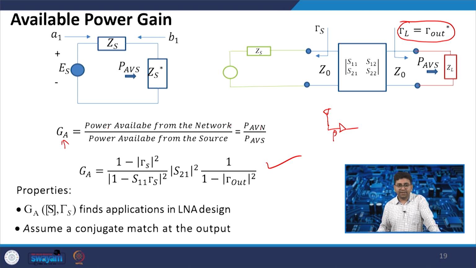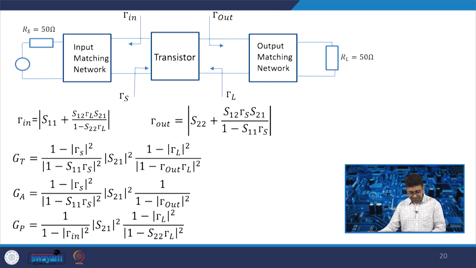GP, as I told, has application in power amplifier design, where the output matching network is important, because we are going to connect the output of the power amplifier with the antenna. So, these are all the gain formulas that we have considered.